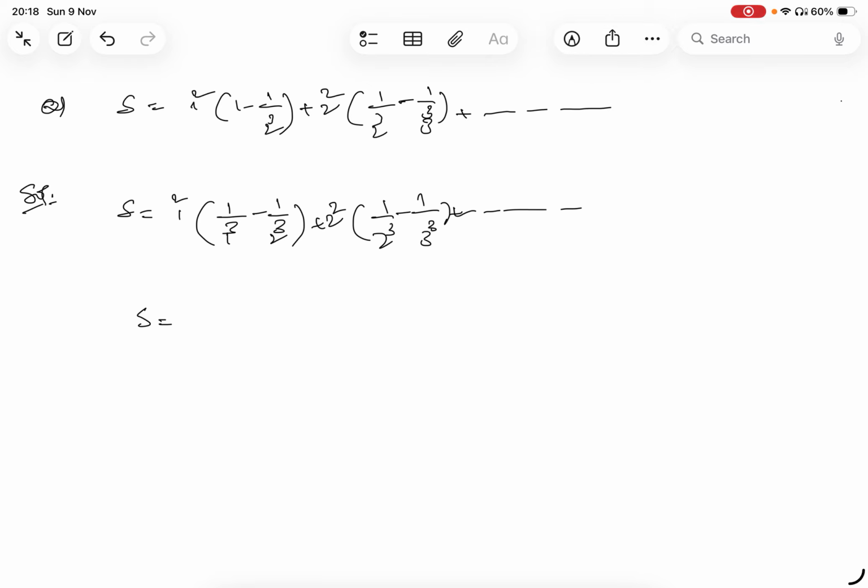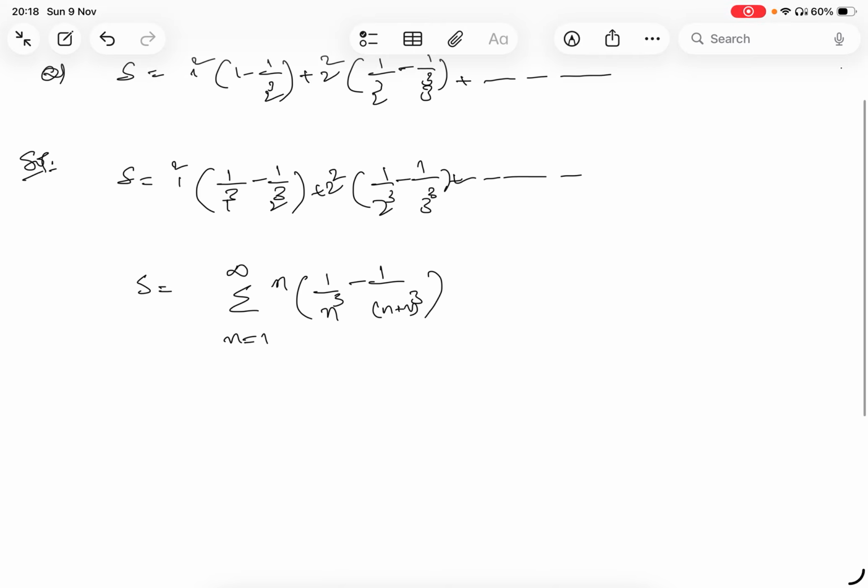Let's consider the first term. It is 1 into something, right? So we'll start from n equal to 1, n into 1 by n cube minus 1 by n plus 1 whole cube, right? Then this is summation n equal to 1 to infinity, right?